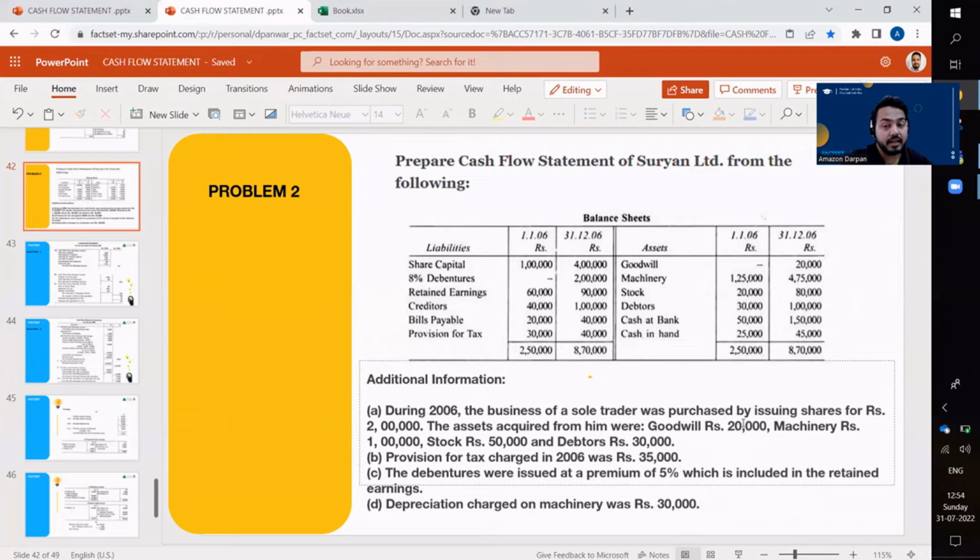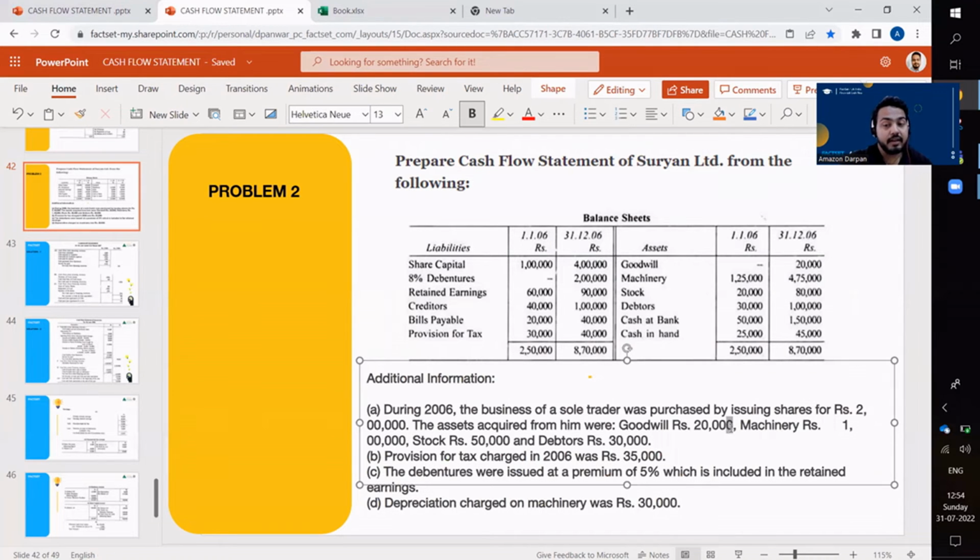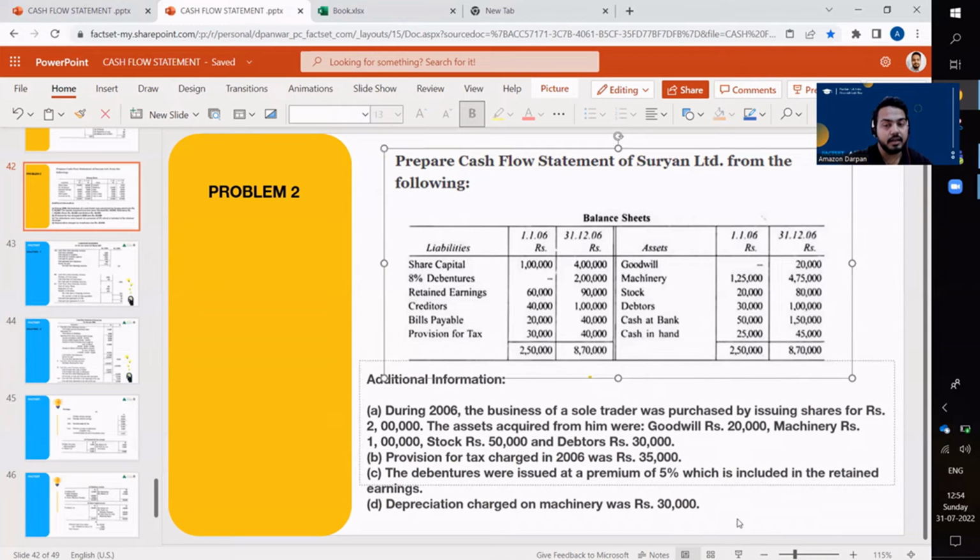See, about goodwill, we have not purchased any goodwill. We have not paid anything for goodwill. We got 20,000 worth of goodwill, and nothing more changed. Machinery would also have been the same case. For example, if the machine at the start of the year was 1,25,000, and at the end of the year it was 2,25,000, which means only a 1 lakh increase, then we would have assumed that that 1 lakh machine was something we got from the sole trader, and we did not pay any cash to him.